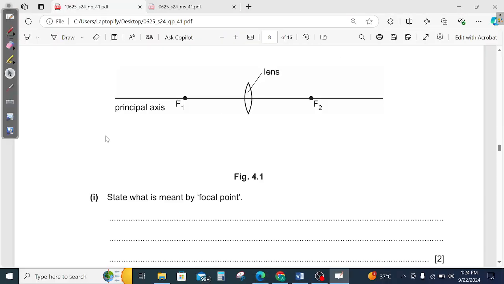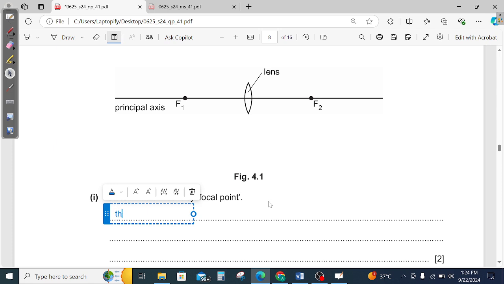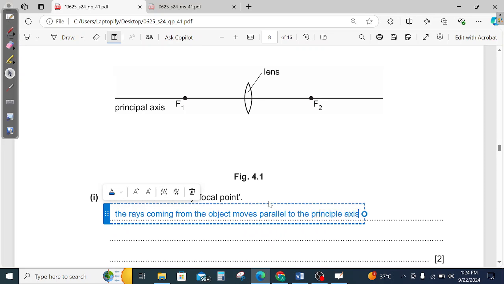Move towards the question. You have to define what I have shown you. The rays coming from the object move parallel to the principal axis and hit the lens.